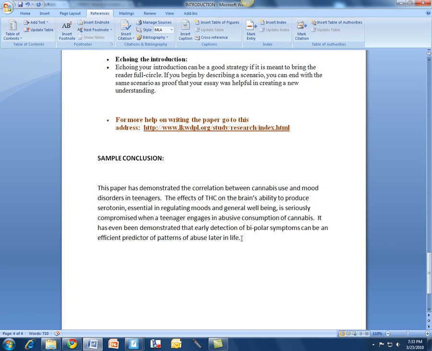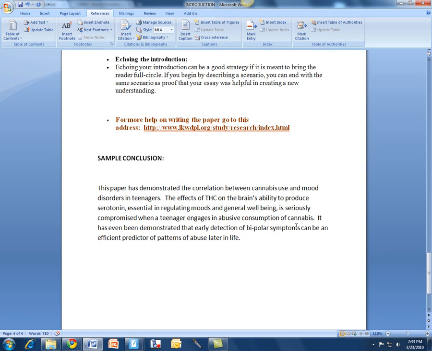This is not where you want to be developing new points. So this is something that I just read this evening, where there's a correlation between detecting bipolar symptoms in young children and seeing a correlation between mood disorders in young children and substance abuse later on in life.